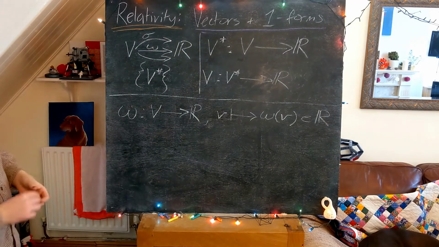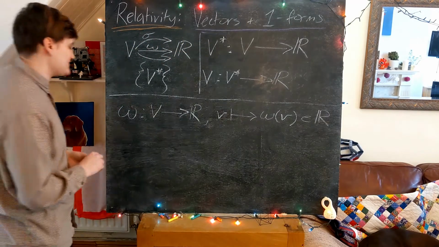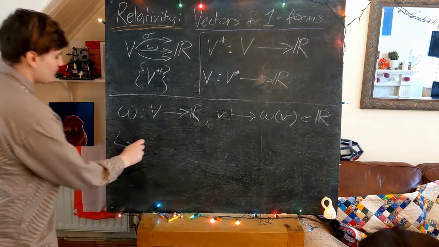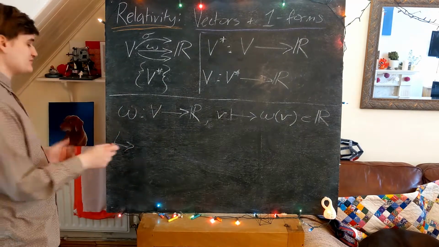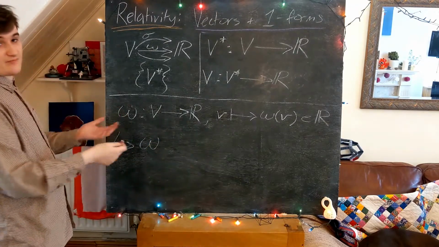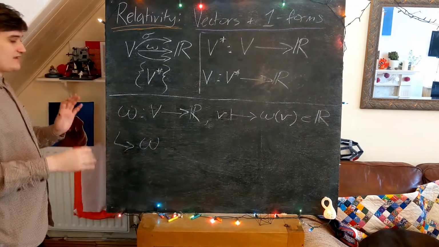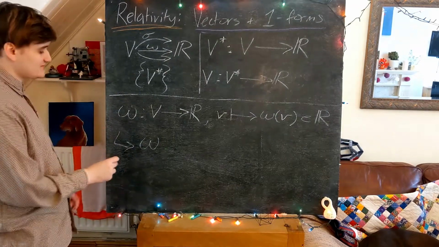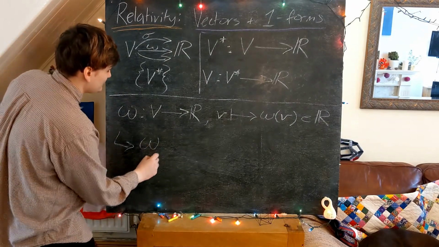It's going to have its own basis, known as the dual basis. So we'll see that one-forms, just like vectors, can be expressed using a basis. There are going to be some differences in how we place our indices.